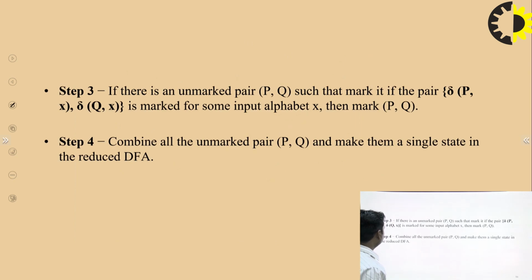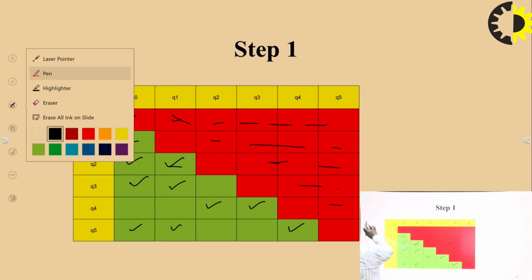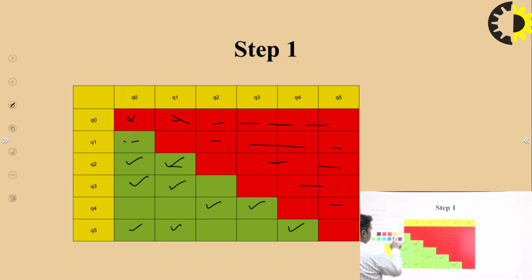In step 3, we consider all unmarked pairs of states. This is an unmarked pair of states, this one, this one, this one and this one. These are the unmarked pairs of states.